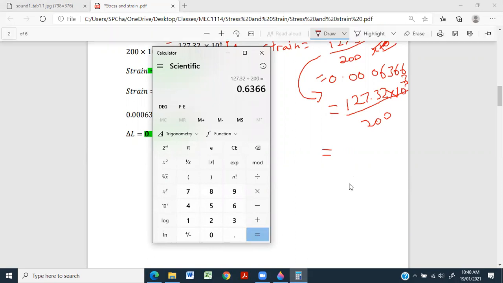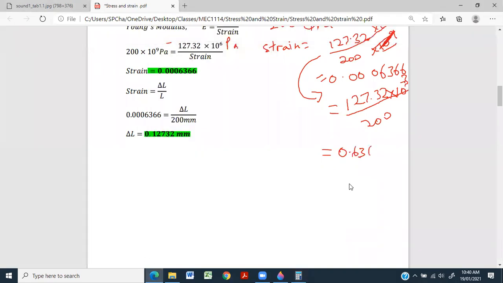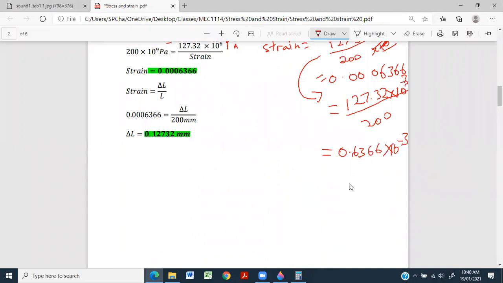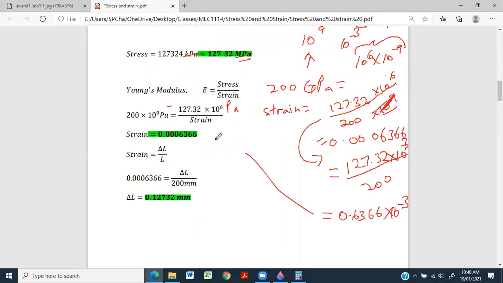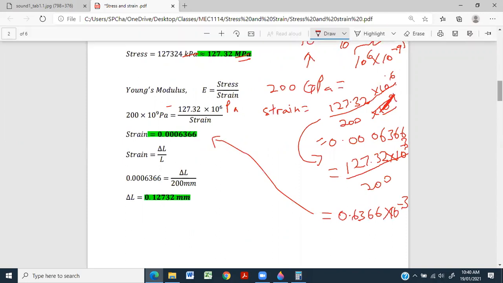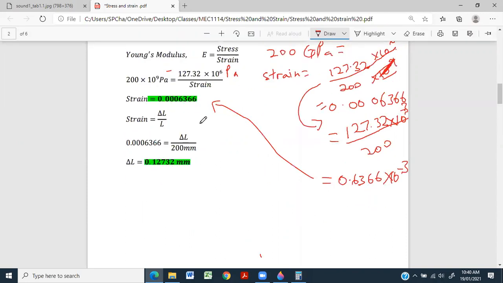So 0.6366, 0.6366 times 10 to the minus 3, which is this, right? Which is this. So we're good there. Now we found strain.